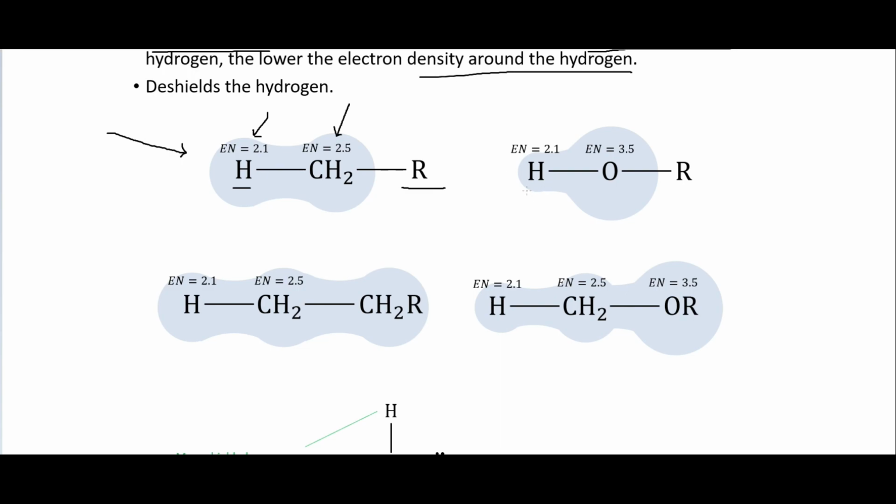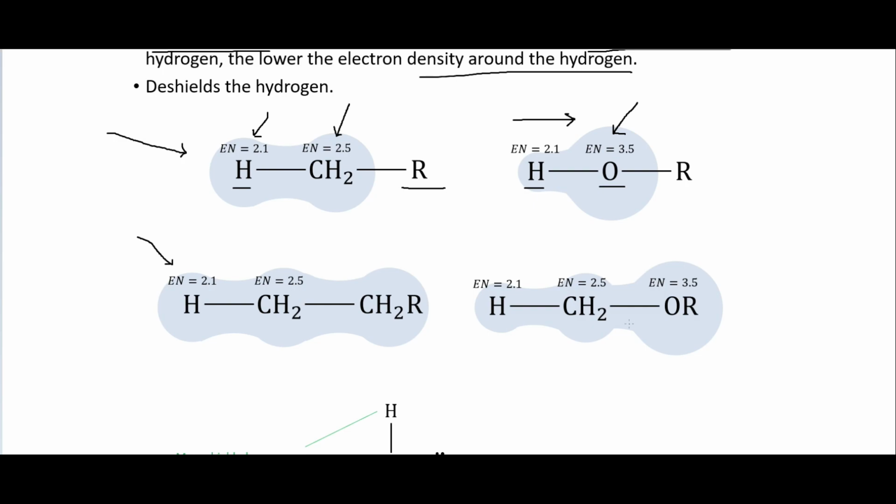But then if we bond this hydrogen to an oxygen instead, which has an electronegativity of 3.5, a lot of that electron density will be pulled away from the hydrogen. And so that is deshielding the hydrogen because there is less electron density there, and so it's not shielding the hydrogen as much from that external magnetic field.